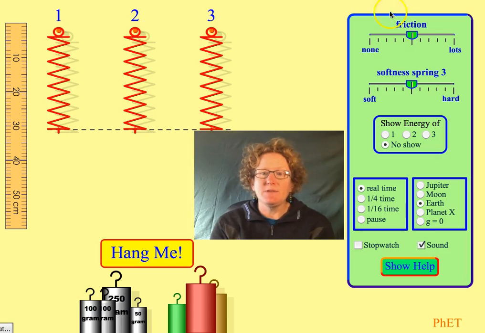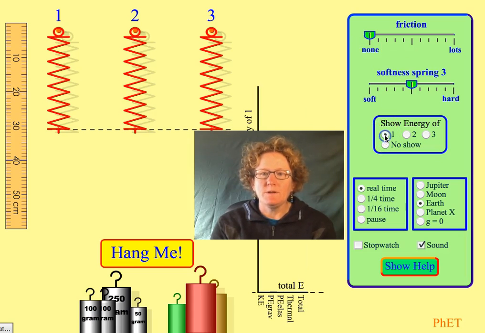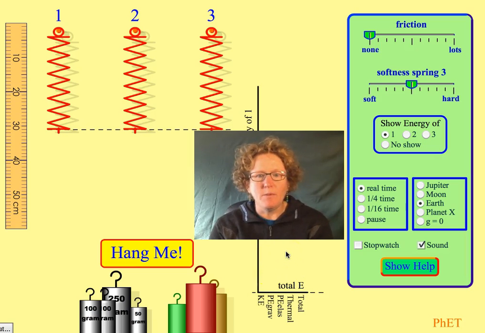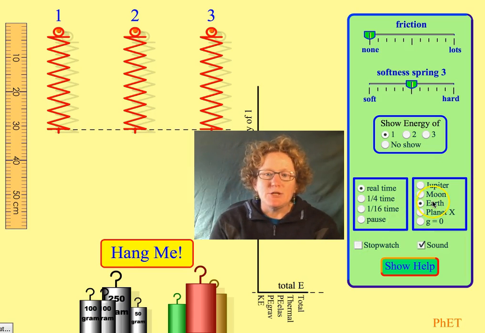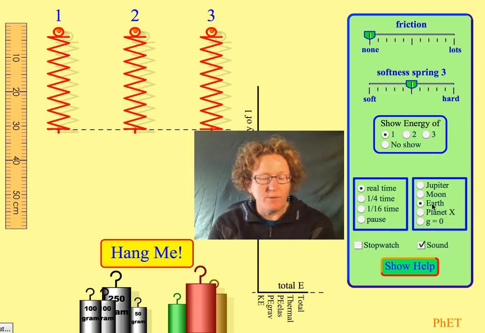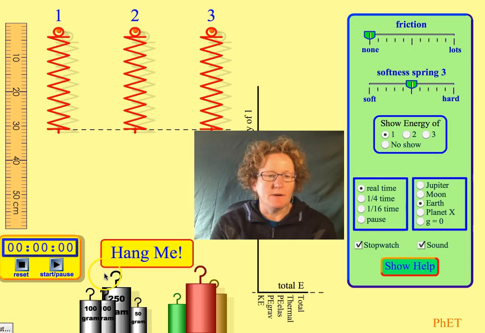So remember, we were going to switch the friction to none. We're going to look at spring 1 here. We can look at the energy. It's not going to be an important part of what we're doing. We're going to make sure we're on Earth for the first, for table 4. And we want the stopwatch to run here.